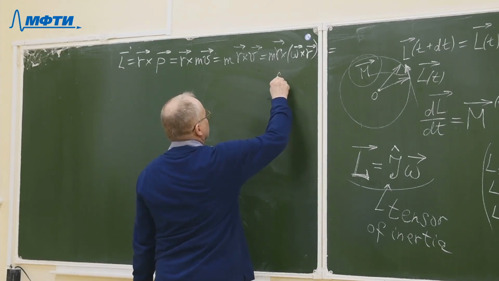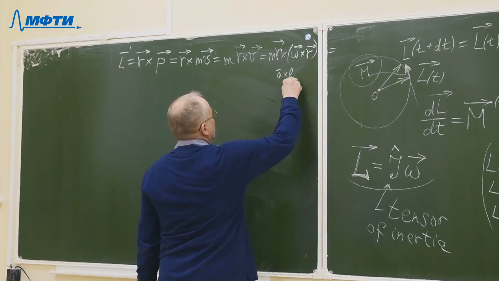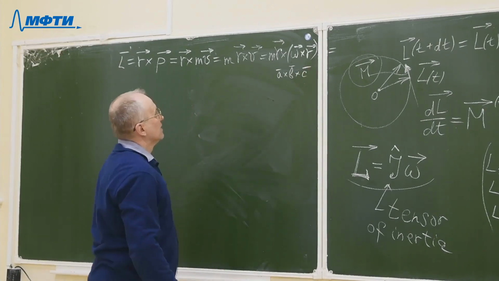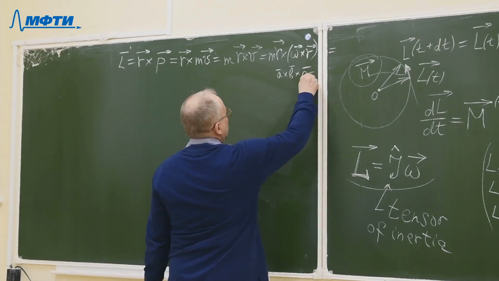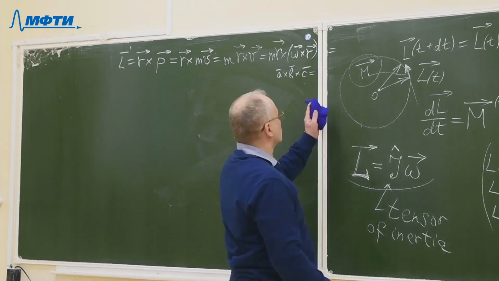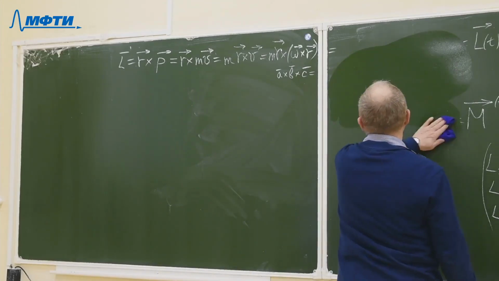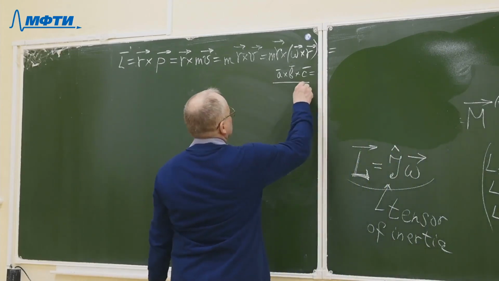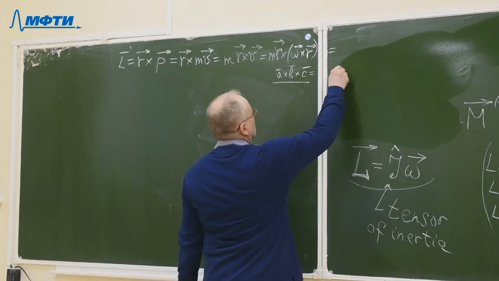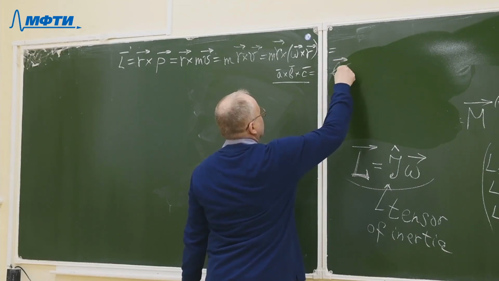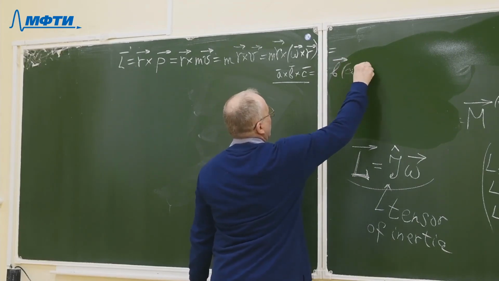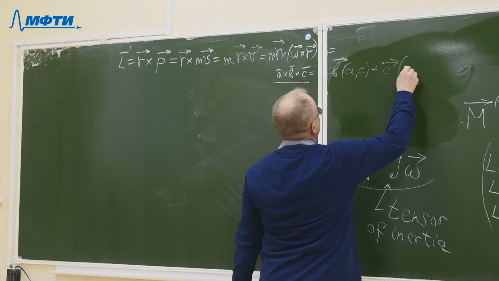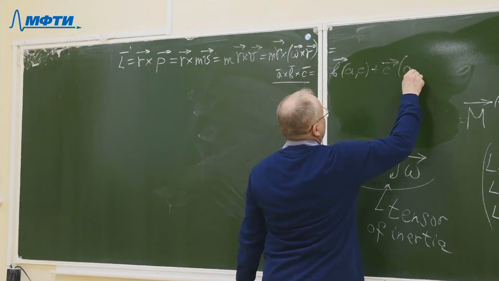If the first vector is A, the second vector is B and the third vector is C, then such a vector product is equal to B scalar product AC minus C scalar product AB.